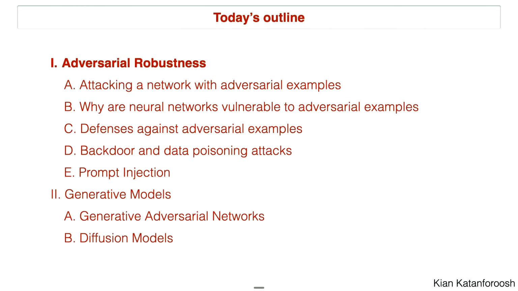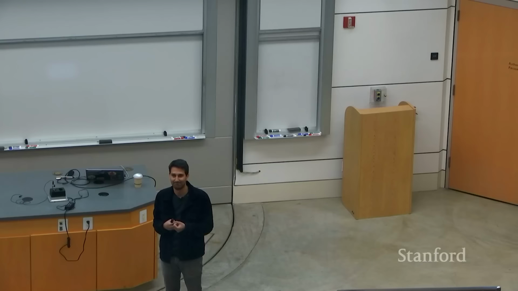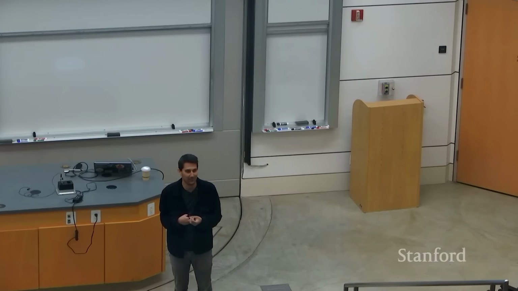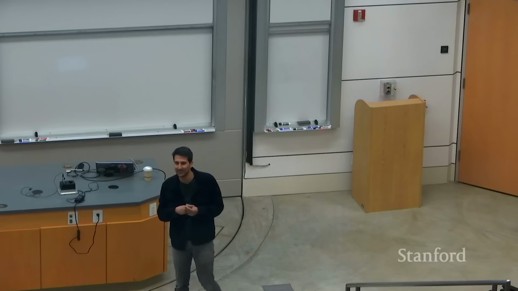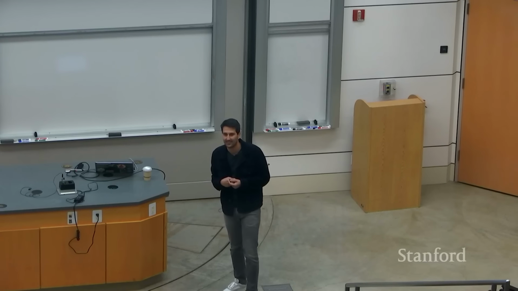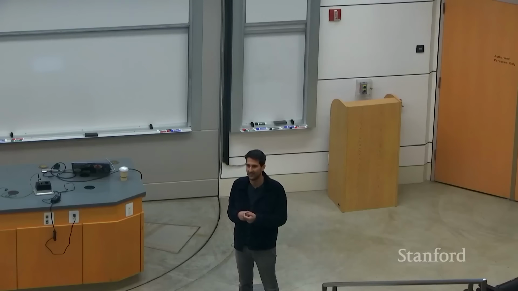So let's start with adversarial robustness with an open question for you all. Can you tell me examples of attacks on AI models? Are you worried about anything when you use AI? Yes? Prompt injection. Prompt injection, what is that? Like you insert a sentence into a prompt, so the copy paste, but it does something malicious.